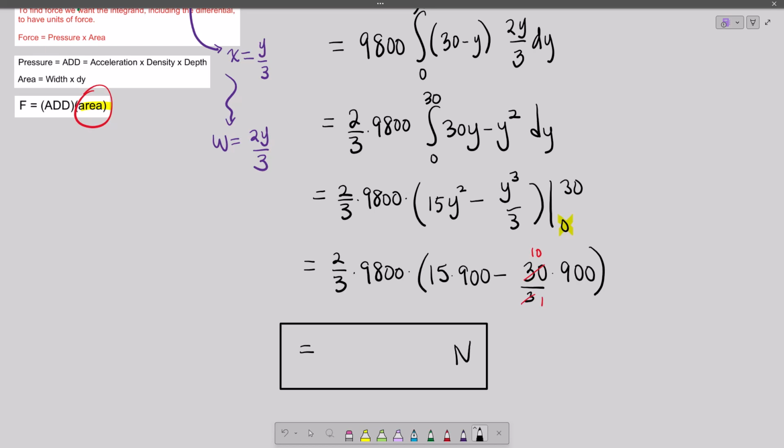And I'm coming up with a whole ton of newtons. 29 million newtons, 29,400,000, if I typed it in here correctly.